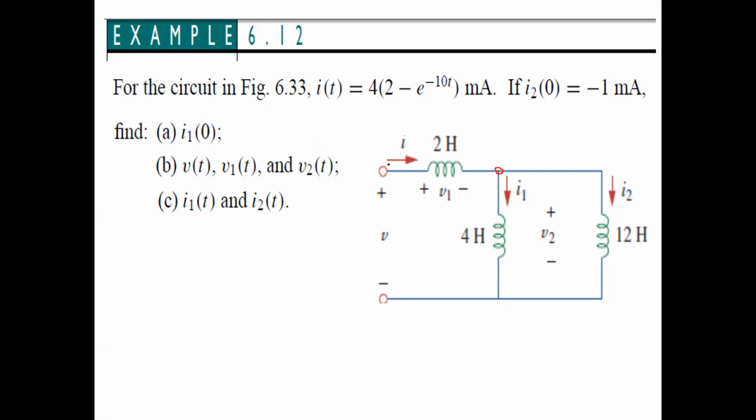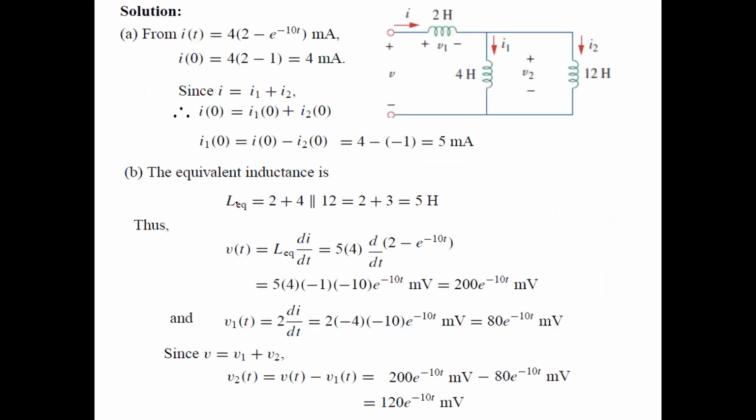There will be I, and I1 and I2 are the two leaving currents. The equation will be I equals I1 plus I2, and we can modify this equation for the initial value problem. So hence you can write I of 0 equals I1 of 0 plus I2 of 0.